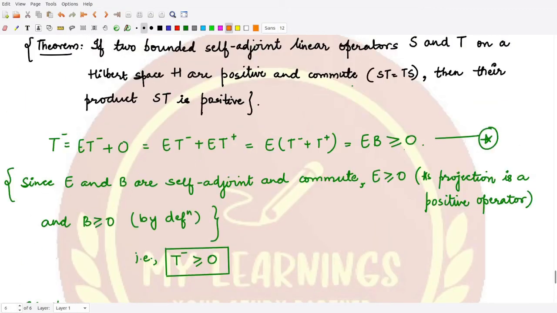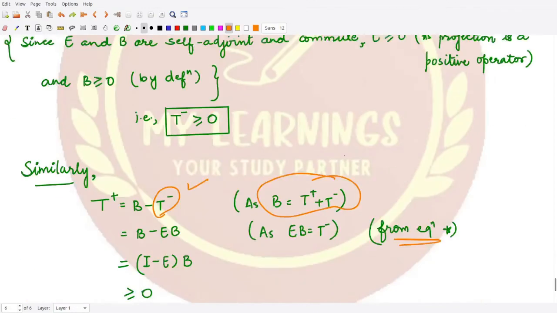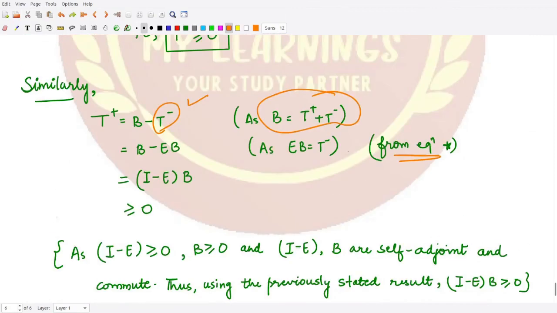What is this equation star? It is this one. Your T negative is nothing but EB. So we are using this result here, that T negative is equal to EB. So you could write T negative as EB, so that you could take B common from both of these terms. So you have I minus the operator E multiplied with the operator B, right?